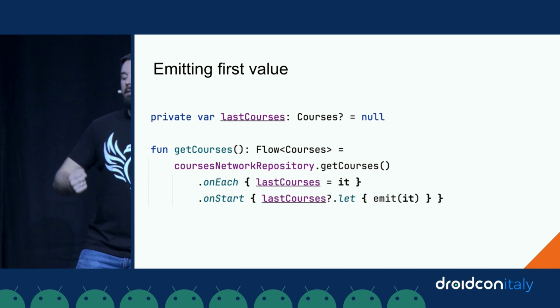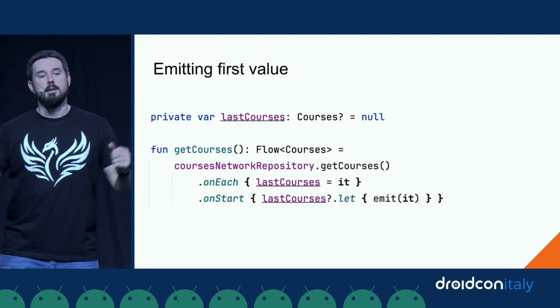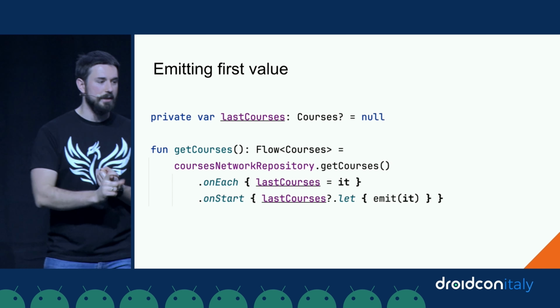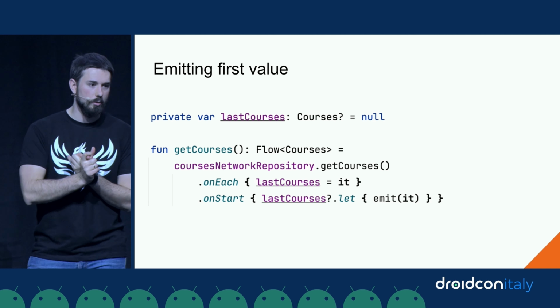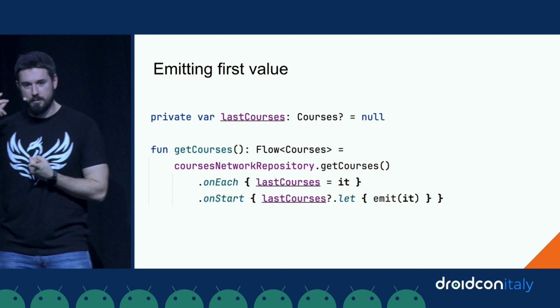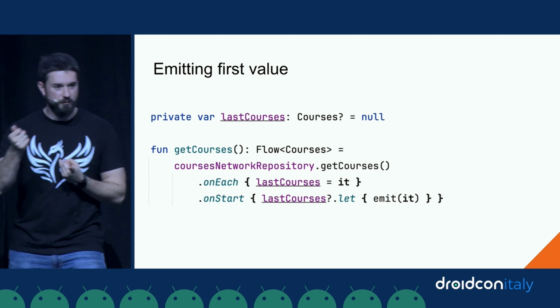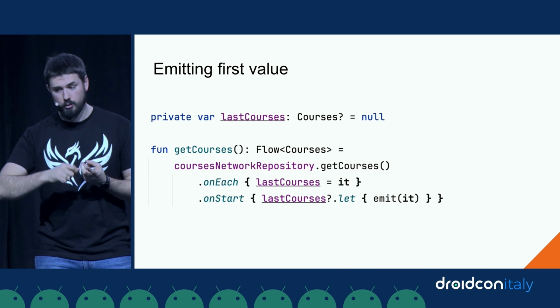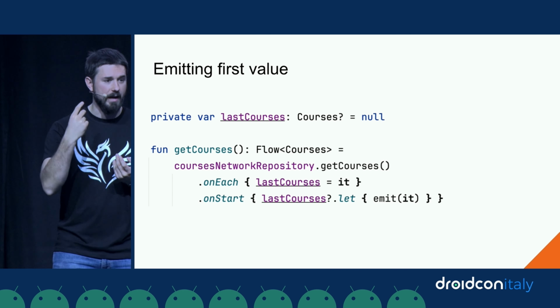The point is that you have a flow, you use onStart to immediately emit the last known value from the cache, so this will be immediately emitted out of this flow when someone starts collecting on it. And also use onEach to update this value.